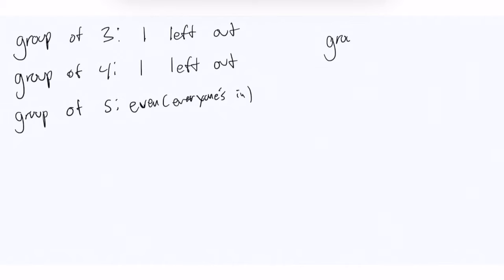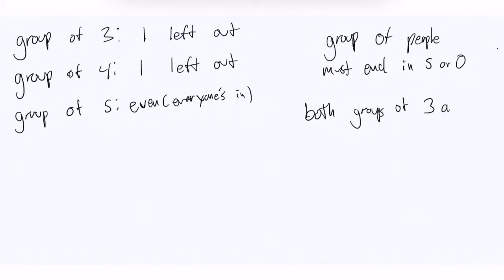So moving on to the calculations, we know that the group of people is going to end in the digit either 0 or 5. We know this because in the group of 5 it's even, and all multiples of 5 end in 5 or 0.